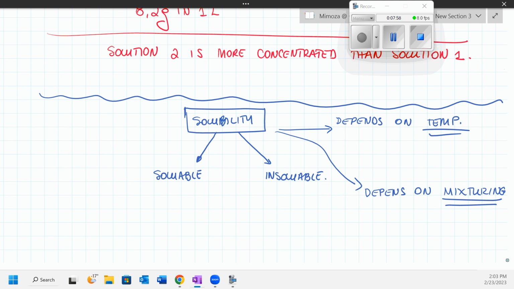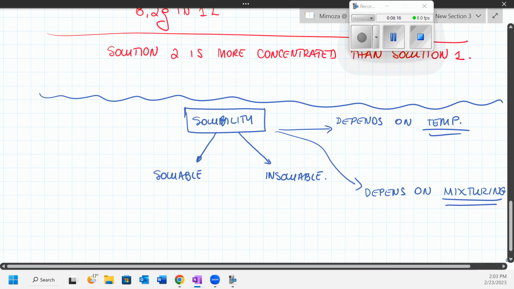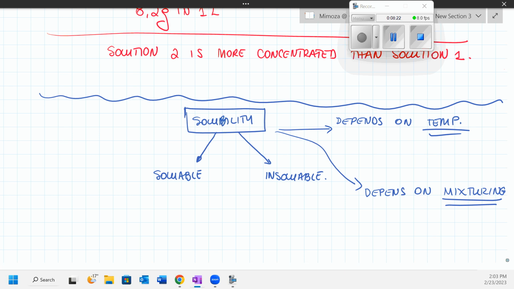The stirring, the mixing, allows the molecules of solute to be dissolved into the solvent faster than if you leave that glass of water at room temperature and put in 1 scoop of sugar.